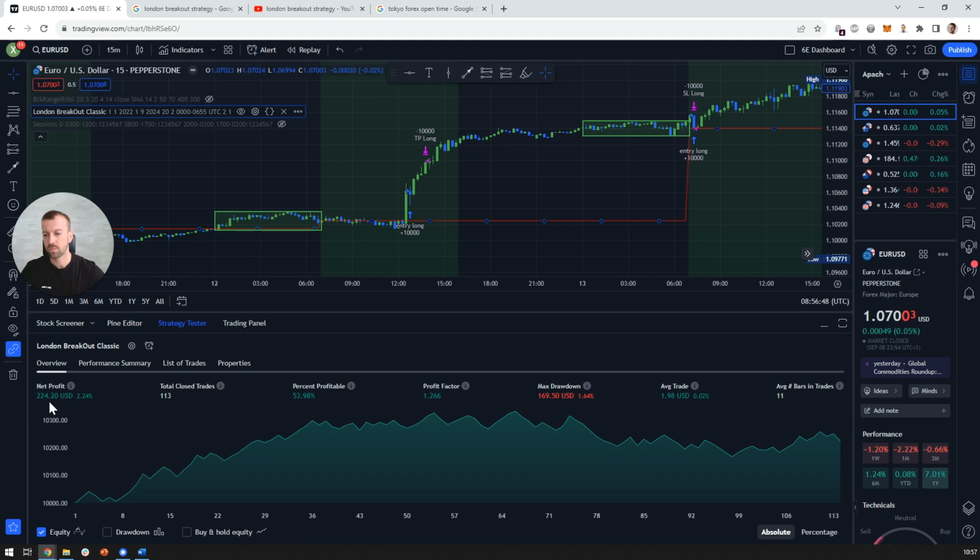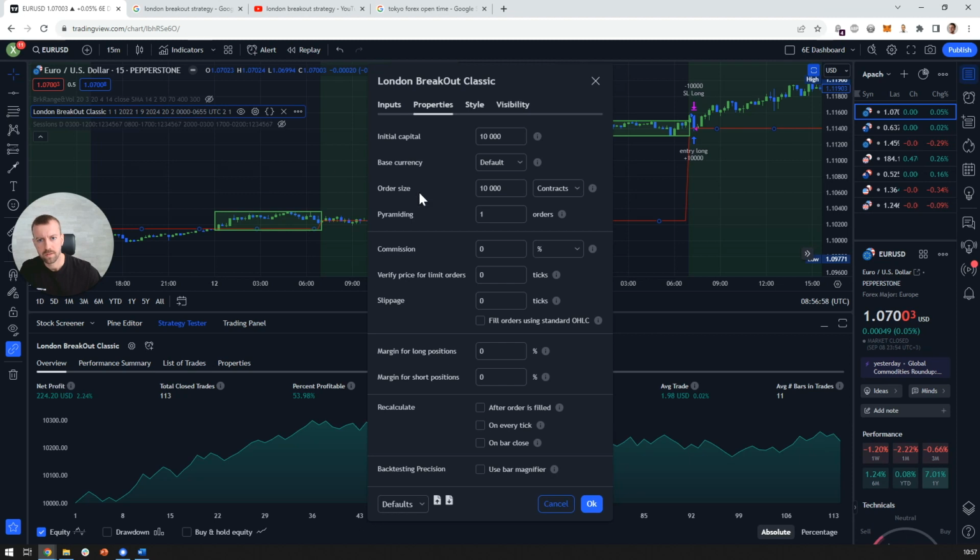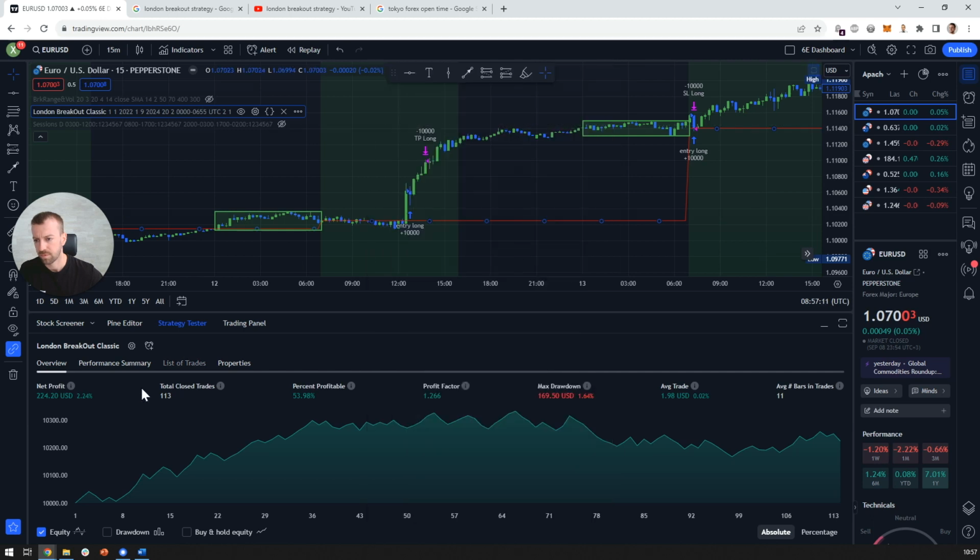And this is equal to $2,240 if you always trade one lot. And I put my initial capital, you can choose this when you select a strategy, to $10,000. So it equals a return of almost 22% within 5 months.